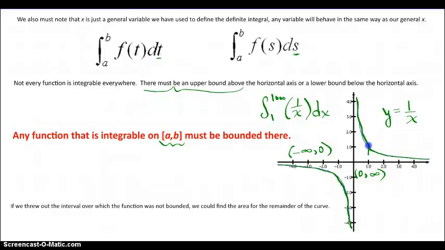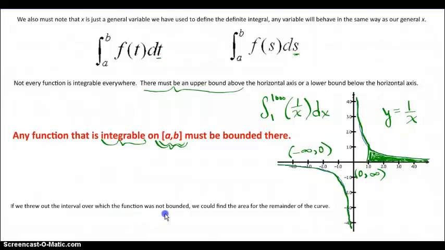Well, that's a perfectly bounded area. This is the area that it's talking about. And we would continue to add that area up until x equaled 1,000. So as long as we are bounded on the closed interval, then we can integrate, or we can accumulate that area. If we throw out the interval over which the function is not bounded, then we could find the area for the remainder of the curve.